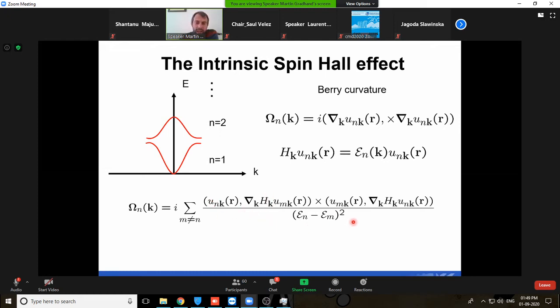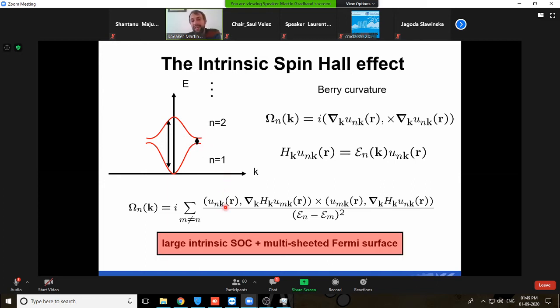But what I would like to highlight here is that in the denominator you have a difference between energies. This is immediately telling you that every time you have near degeneracy, so bands coming close, this term in the denominator is getting small, so the Berry curvature is getting large. So this correction only and always arises if you are near degeneracies in your band structure.